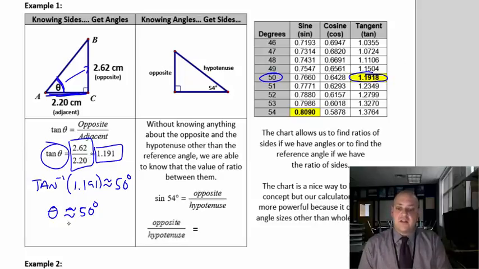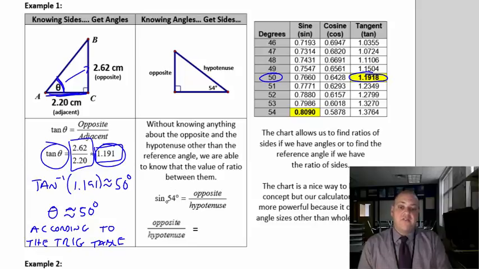I just have to use the chart to get the angle. Okay, this is according to the trig table. This is called a trig table. So according to the trig table, if I have a tangent of, like I said, 1.191, the angle must be 50.